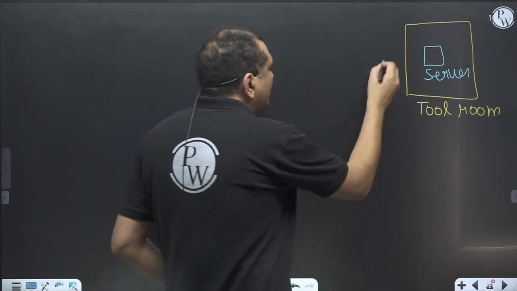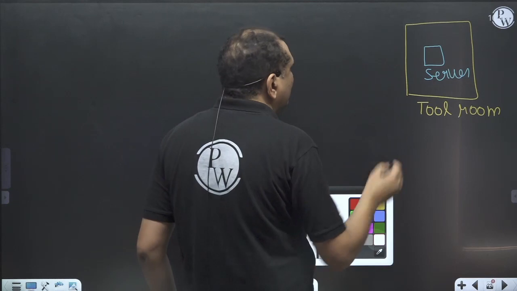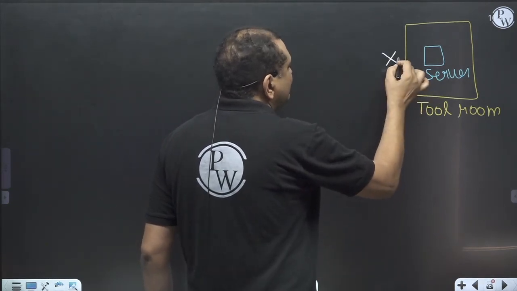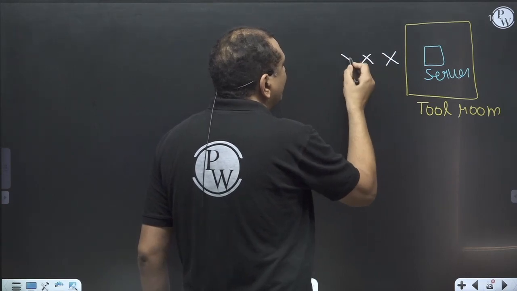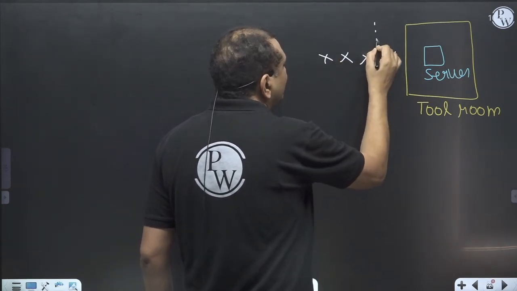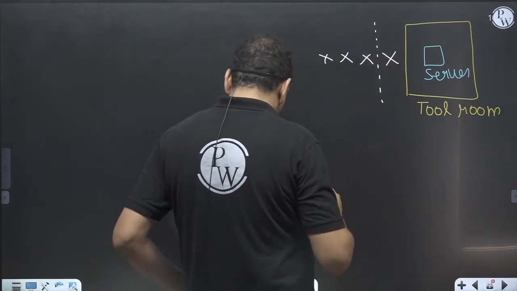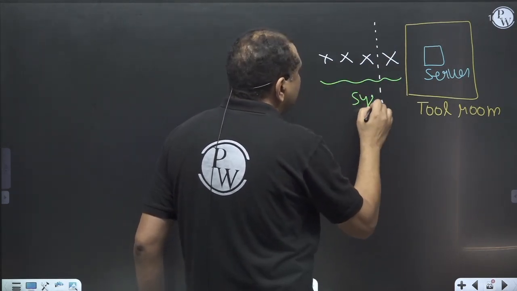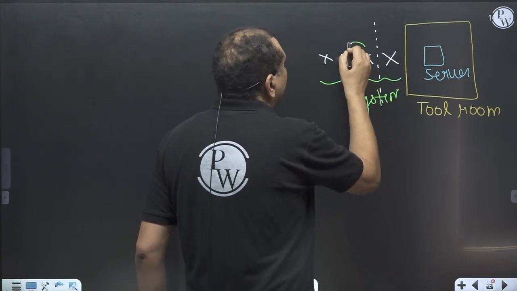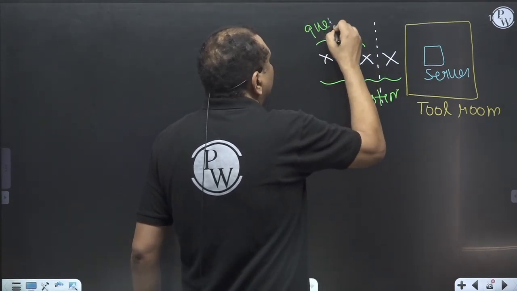When the worker comes, he will give the tools and the worker goes away. By the time more workers come, they will form a queue. This is the system, and this is the queue.